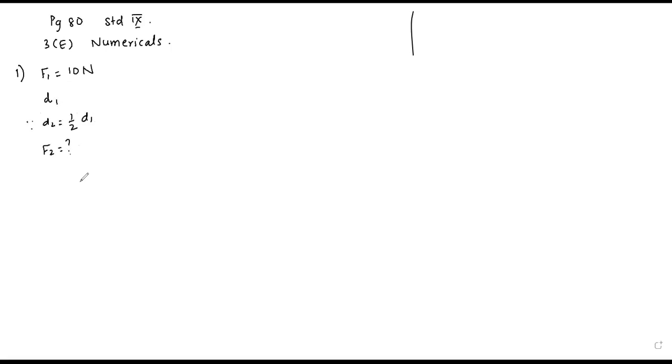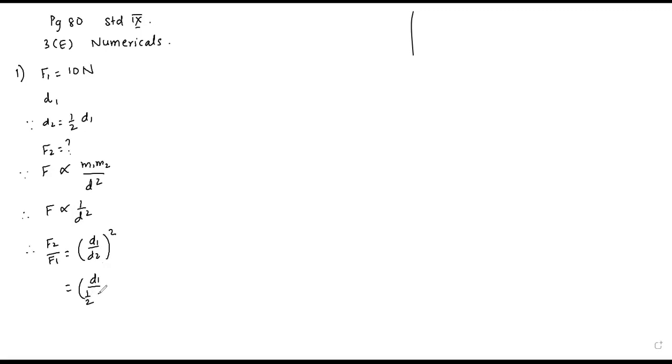F2 is the question. Since we know that the force is directly proportional to the product of their masses and inversely proportional to distance, and masses are same, force is inversely proportional to distance square. So F2 upon F1 is equal to D1 upon D2 the whole square.